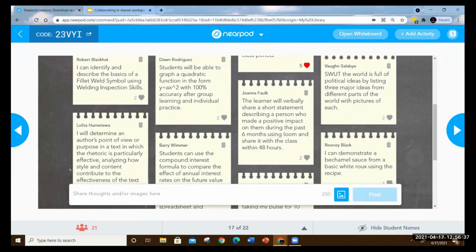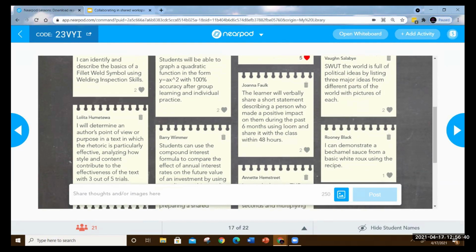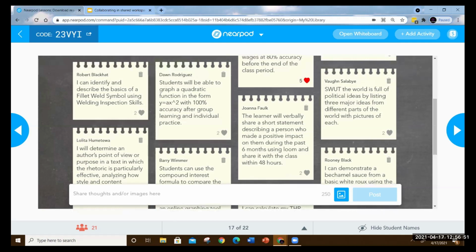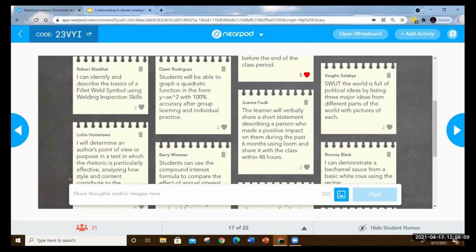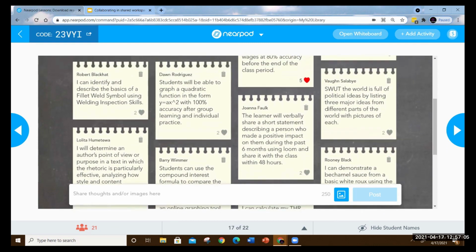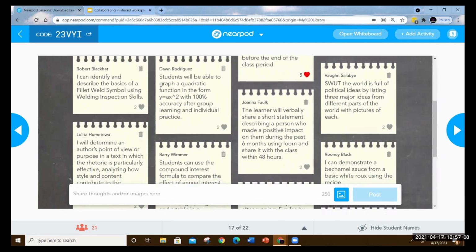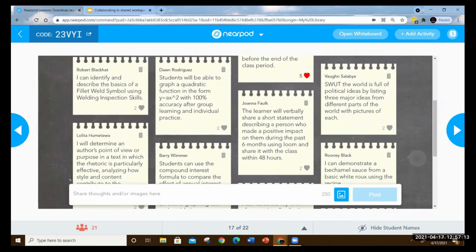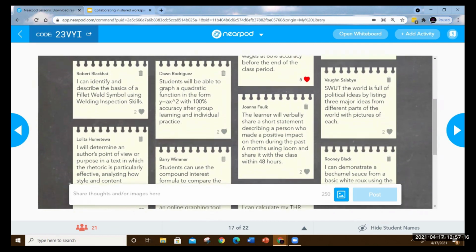Students will understand the world is full of political ideas by listing 3 major ideas with pictures of each. Okay, Vaughn, I like the visual because that's differentiated, right? You're allowing them to use pictures. So what I would say would be, maybe whittle it down to 1 major idea, because 3 major ideas is a little bit broad for 1 class period, and make it a little bit more right-sized for 1 class period.